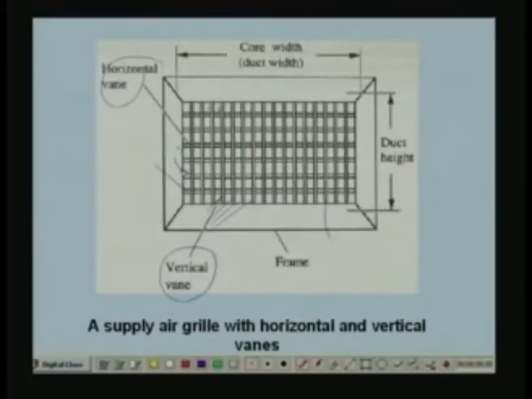Behind the grill you have the supply air duct. From the supply air duct, supply air flows through the openings in the grill and enters into the conditioned space and gets distributed properly. And you have an outer frame. As I said, these vanes, the vertical and horizontal vanes, can be fixed or adjustable. For example, in some of the air conditioners they are adjustable vanes, so you can adjust them so that you can deflect the airflow.